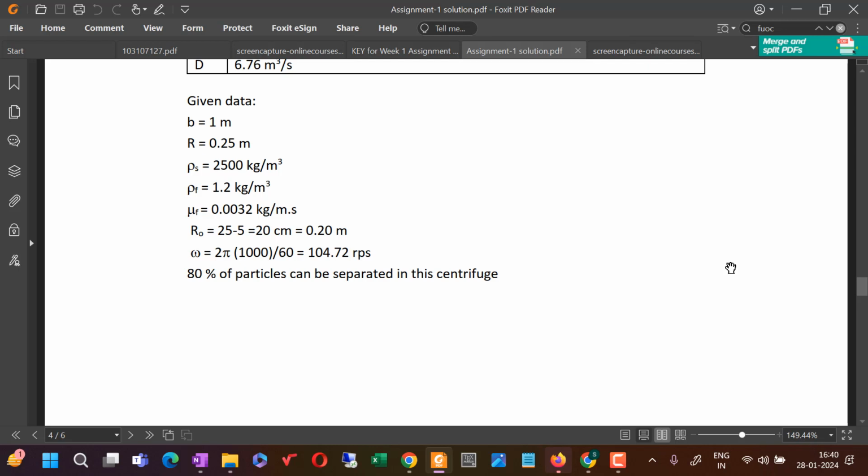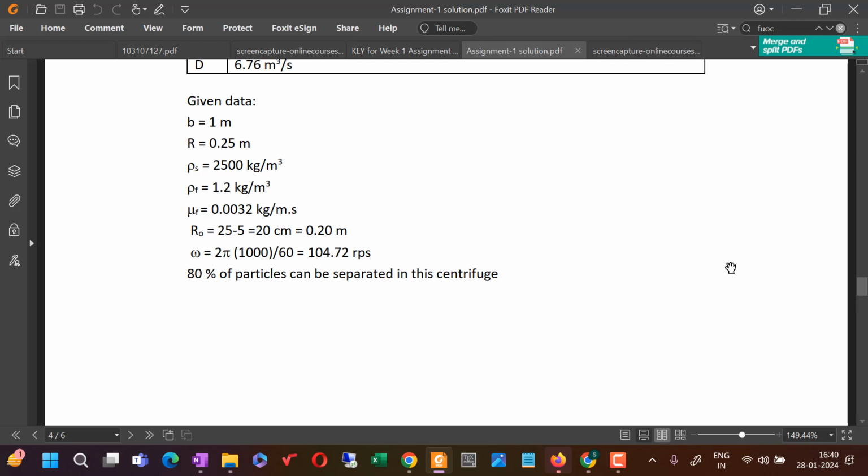So from here it is clear that omega equals 2 pi times 1000 per 60, which equals 104.72. So omega is to be seen here. It is given that R0 is 25 minus 5.